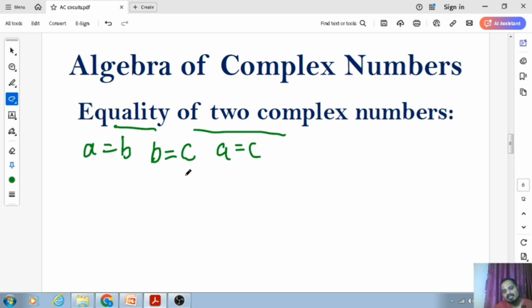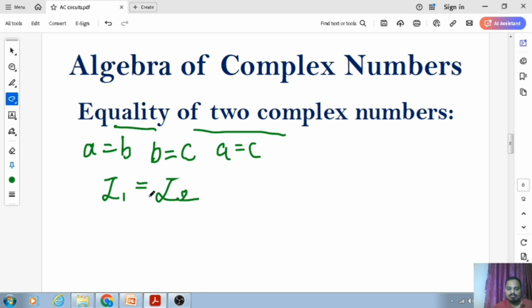But in complex numbers, how do we say that two numbers are equal? Let's say I have a first complex number Z1 and another complex number Z2. How do I say that Z1 and Z2 are equal?